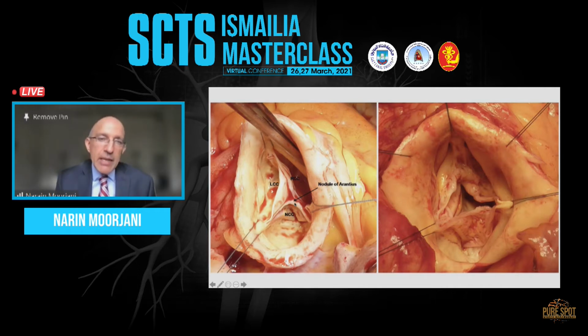At the tips of these different leaflets, you've got the nodule of Arantius, which is just a thickening at the leaflet tips. And then you can see the difference between a tri-leaflet aortic valve, which is the normal anatomical structure of the valve, and here a bicuspid aortic valve with fusion of the left and right coronary cusps, leaving a bicuspid aortic valve.